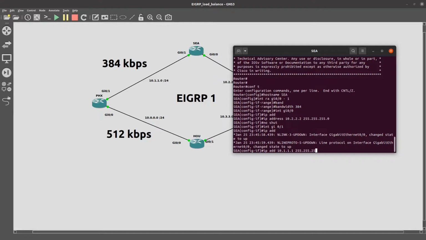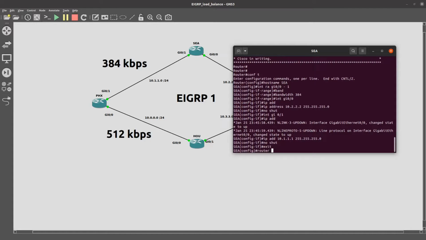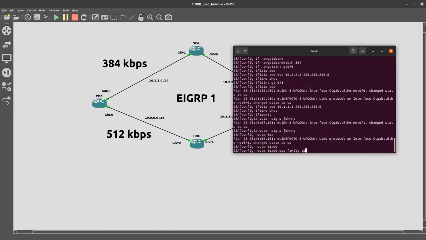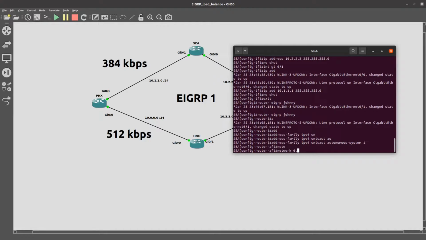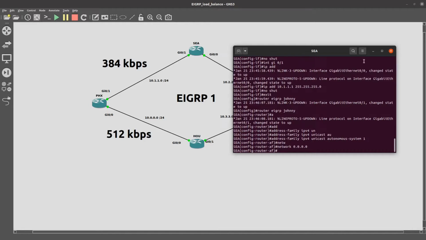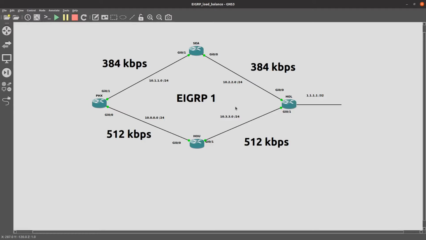Really simple, really easy, guys. We're just trying to get to the actual load balancing, right? EIGRP for unicast on system 1, network, default. Okay. So if you've been watching these syslog messages, we have EIGRP set up between Seattle, Houston, and Honolulu.